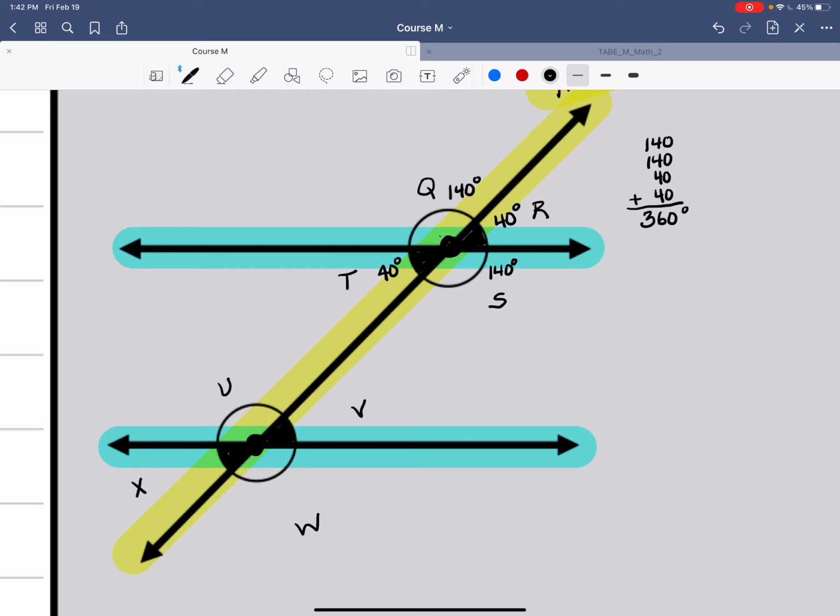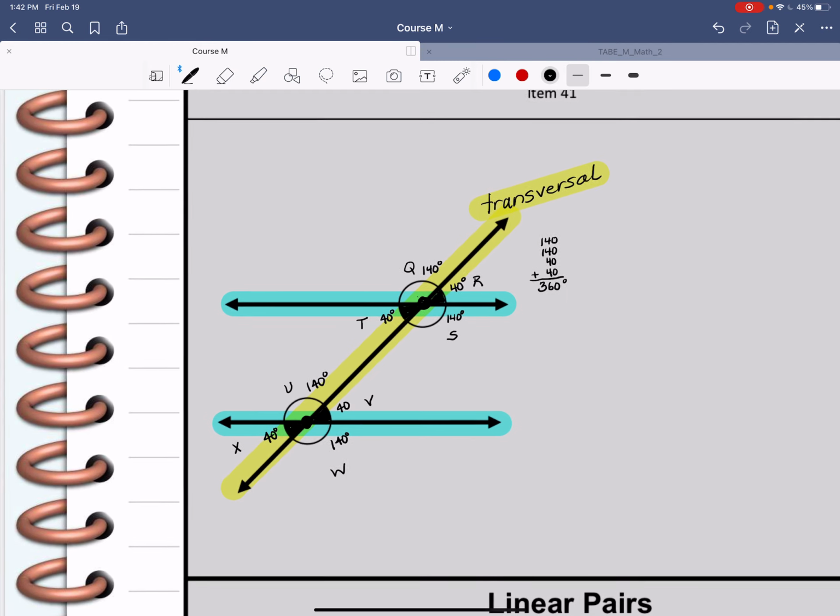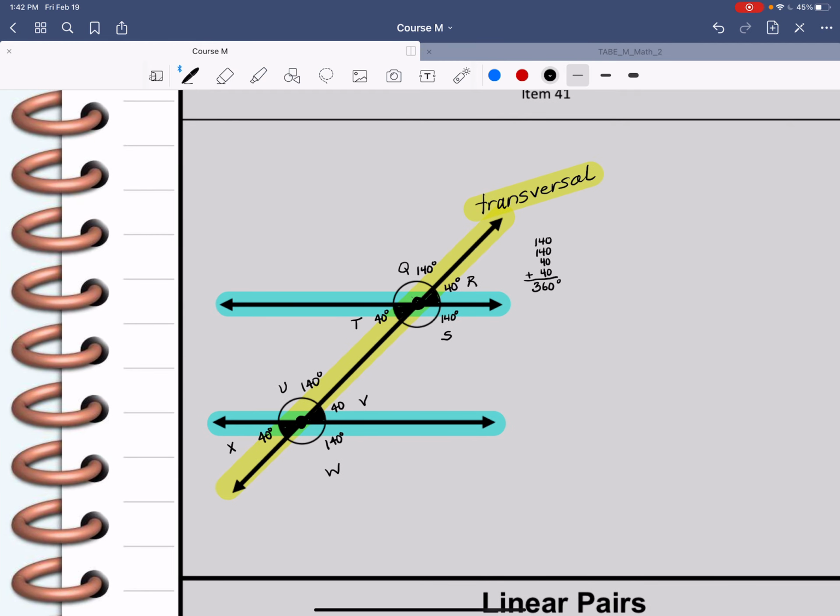Then all you have to do is copy that same circle down here. Because those lines are parallel. Any circle that I draw along that transversal will be just like these two. You could draw circles all day long, and you would get that same pattern all the way down. All right.